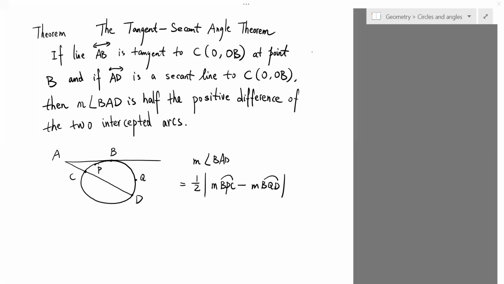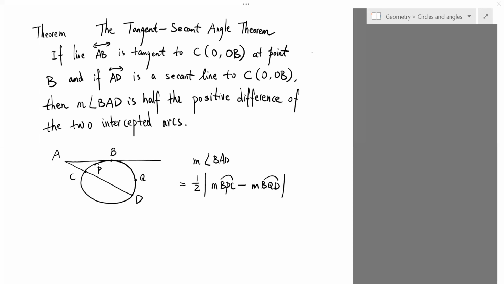intercepted arcs. In the figure below, we have a typical configuration of this theorem, and we claim that the measure of the angle BAD is 1/2 of the absolute value of the difference between the measures of those two arcs, BPC and BQD.